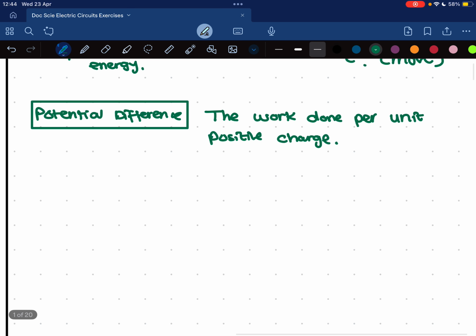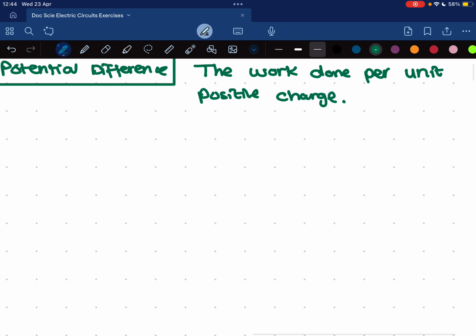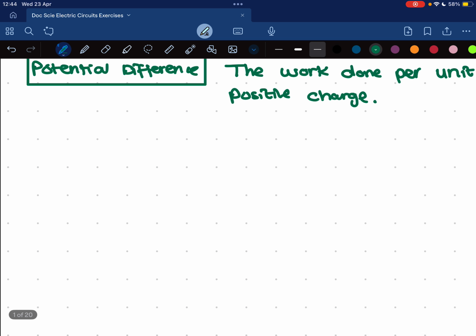And the reason why we refer to it like this is because technically the electrons are negatively charged, which means that the current that flows in the opposite direction would basically be referred to as that unit positive charge. So when we try and look at the equation, we have a second equation that we can use where the potential difference is equal to the work done per unit charge.